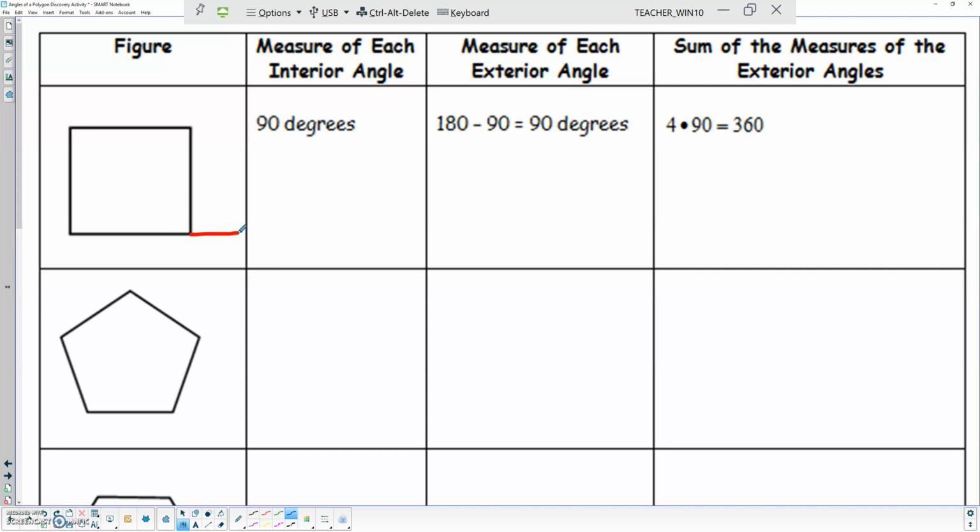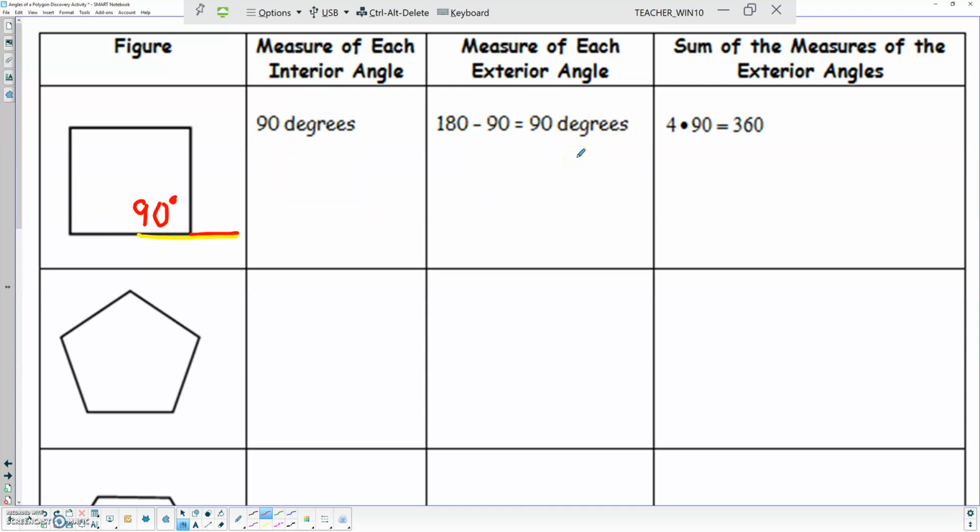Okay, so in that first shape in our quadrilateral, we said that the interior angle was 90 degrees. And then we know that our interior angle and our exterior angle are supplementary, right? Because they form a straight line together. So once we know the measure of the interior angle, I can easily find the exterior angle by subtracting it from 180.